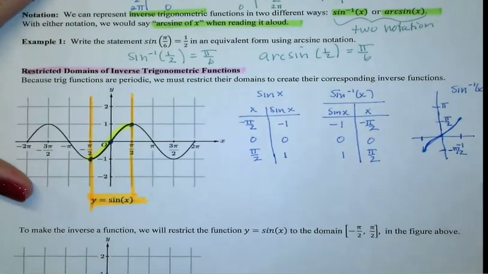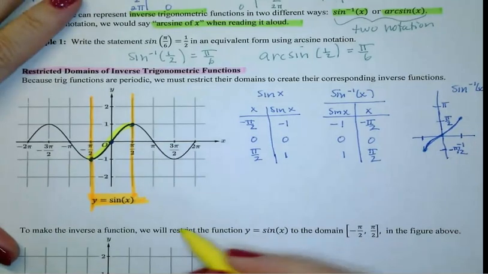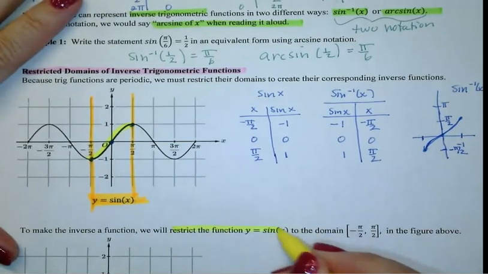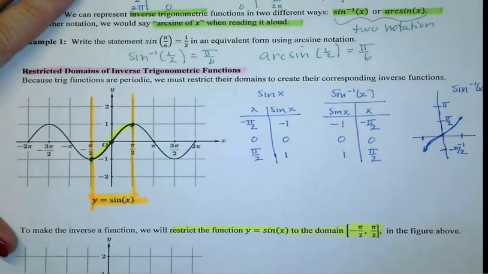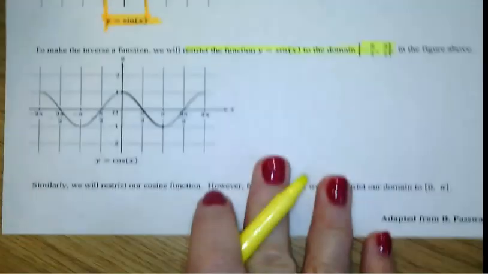So to make the inverse function, we restrict the function to the domain negative pi over 2 to pi over 2 in the figure, which in essence restricts our inverse function. All right, so let's move on to the next one.